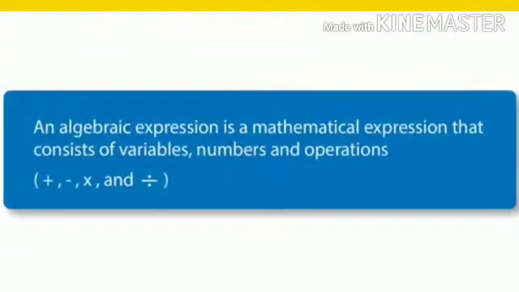So, dear children, what did you understand about algebraic expression? An algebraic expression is a mathematical expression that consists of variables, numbers, and operations. What are the basic operations? Plus, minus, into, and division. You might have learned in earlier classes. So that is the meaning of algebraic expression.